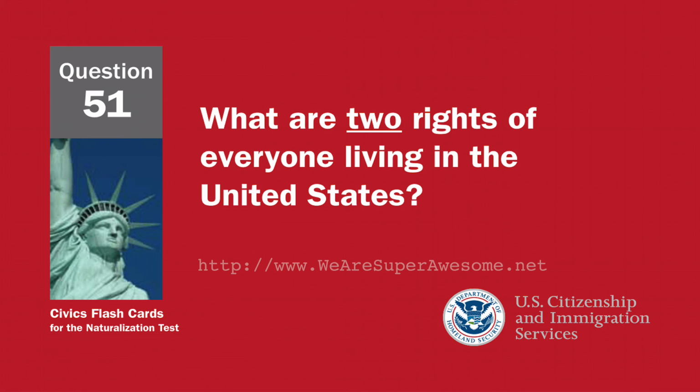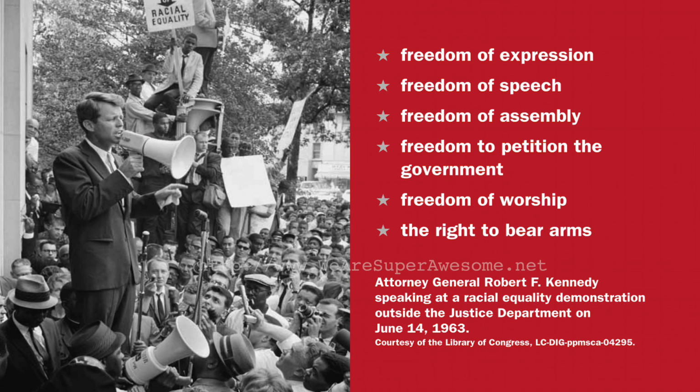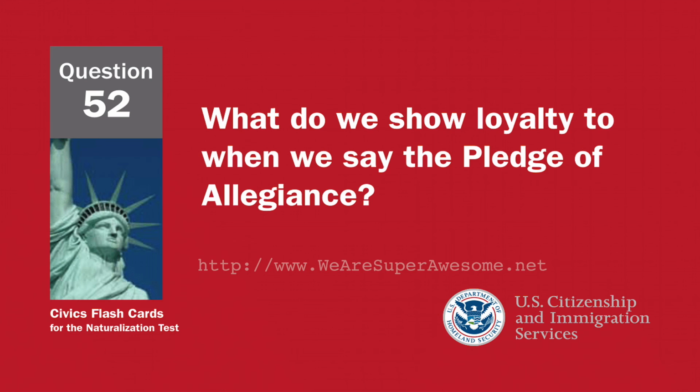What are 2 rights of everyone living in the United States? Freedom of expression. Freedom of speech. Freedom of assembly. Freedom to petition the government. Freedom of worship. The right to bear arms. What do we show loyalty to when we say the Pledge of Allegiance?